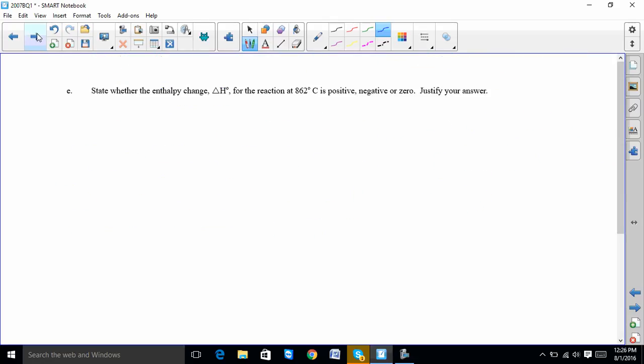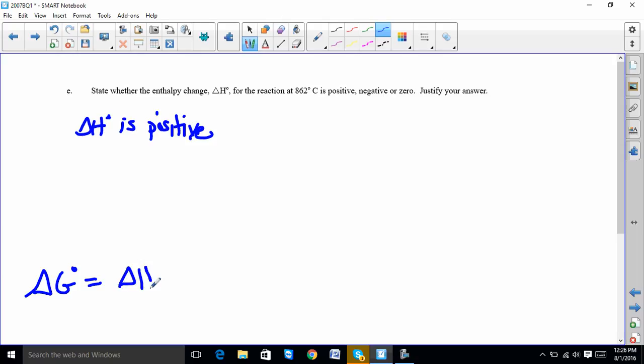All right, next question. State whether delta H at 276 is positive, negative, or 0. So the first thing I'm going to do is answer the question, which is delta H naught is positive. Always answer the question first. Okay, now I'm going to go down here and explain why.